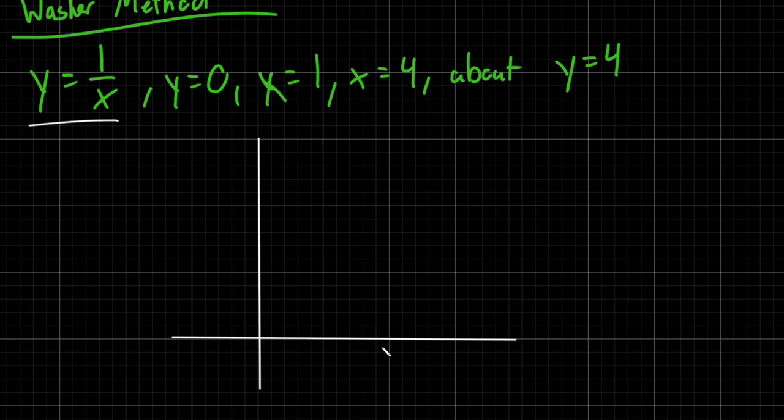Yep, there's a vertical asymptote and a horizontal asymptote, so it's going to hug both axes, kind of like so. But I only want it from about 1 to 4. We'll say that's 1 and 4. I'm going to erase everything that I don't need on this graph.